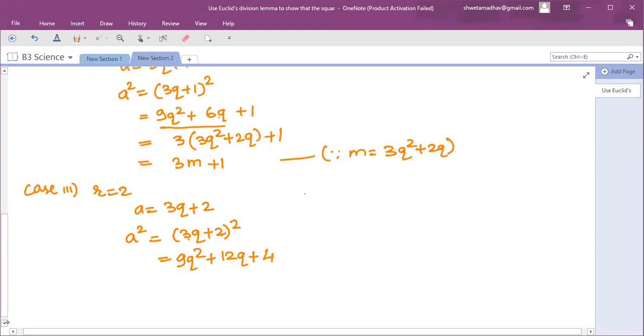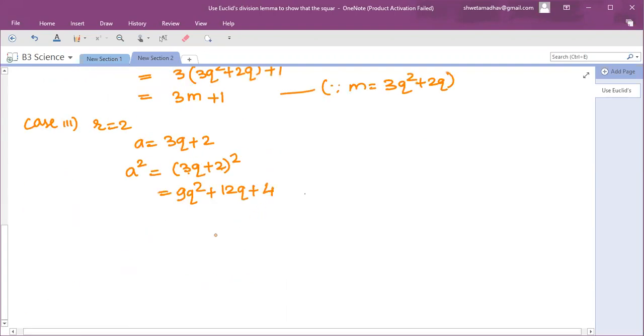Now when we divide 4 by 3, write 4 in terms of a multiple of 3 and the remainder. That will be 3 plus 1. It is 9Q square plus 12Q plus 3 plus 1, right?